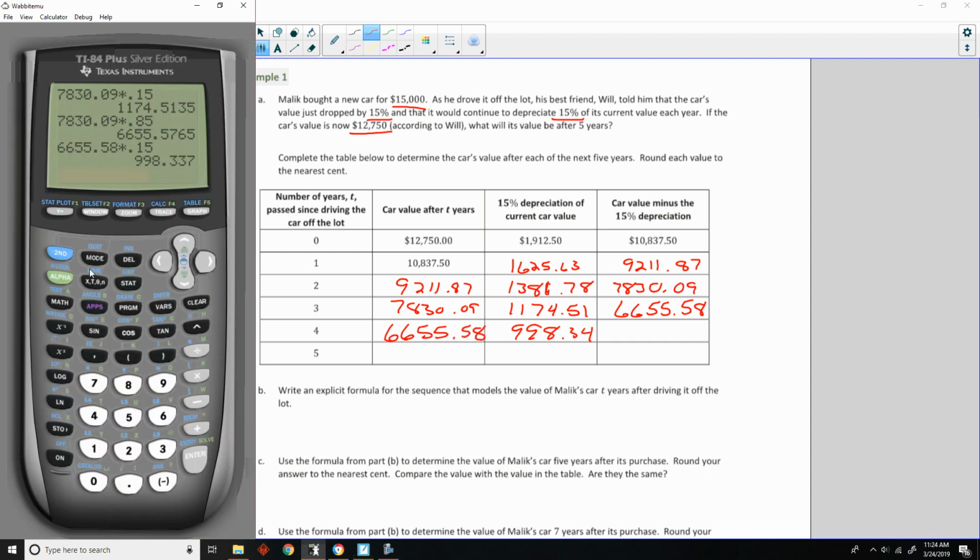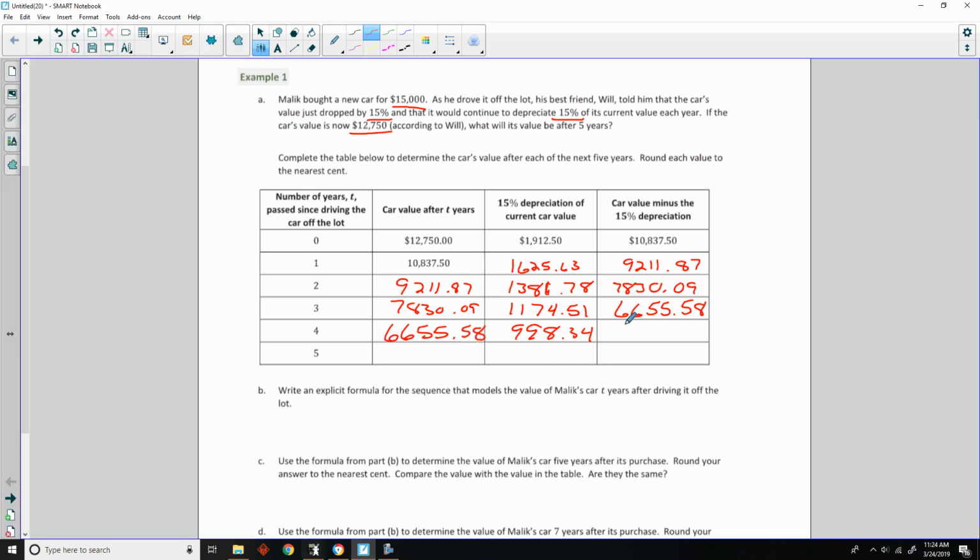And then if I go back to my previous entry and just change that 15% to 85%, 85% of the value, the 100% minus 15, would be 5,657.24. Okay, copy this here.